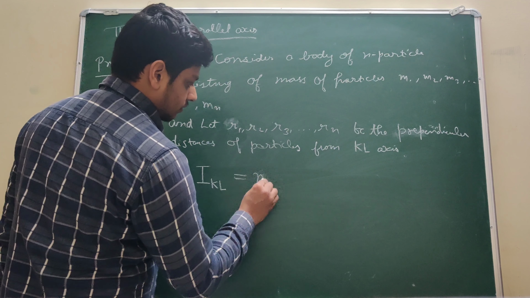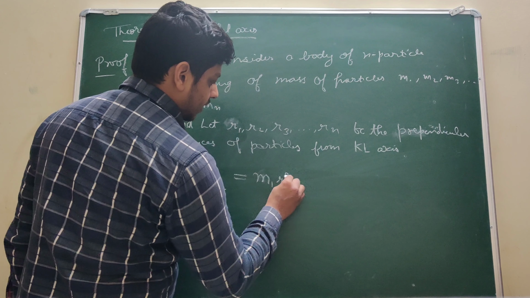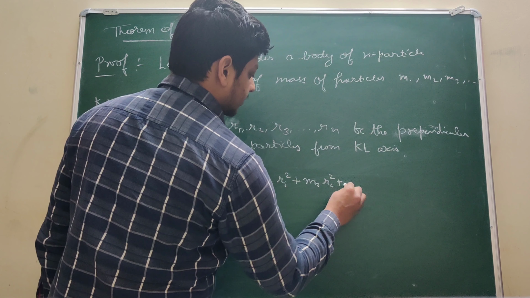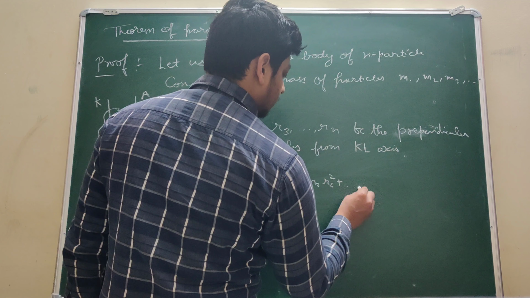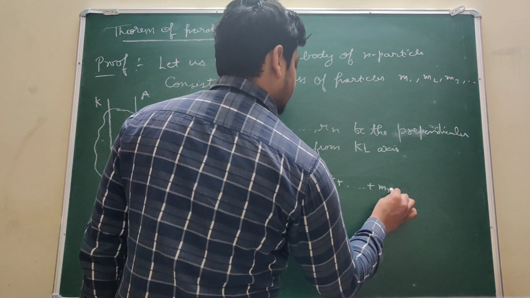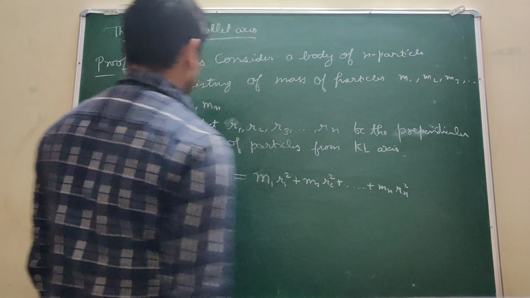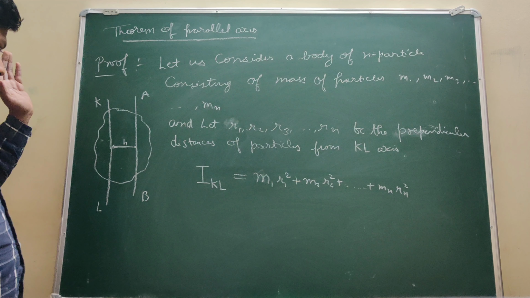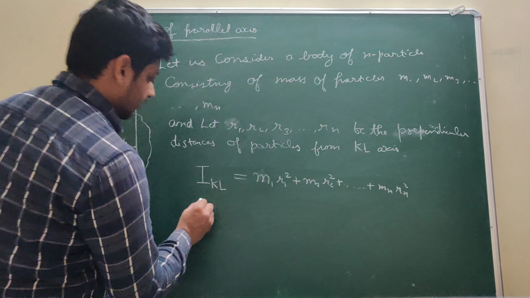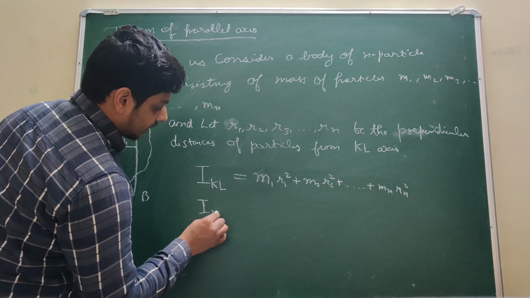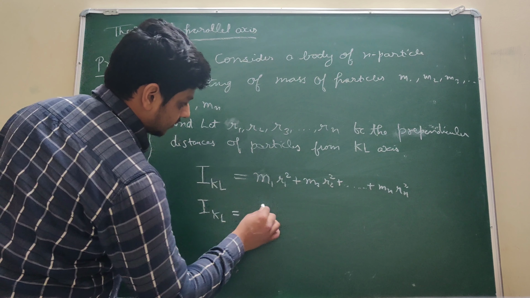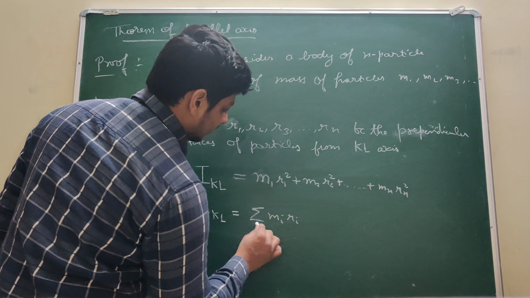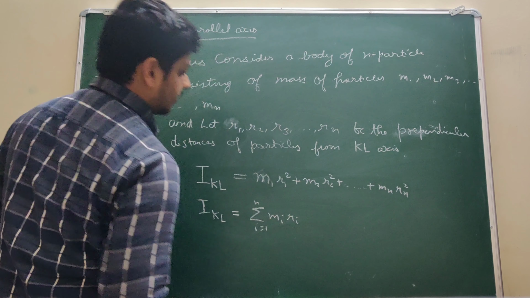So m1 r1 square plus m2 r2 square plus, and so on up to mn rn square. This is the moment of inertia of the whole body along the KL axis, and I can write this as the summation of mi ri square, i from 1 to n.